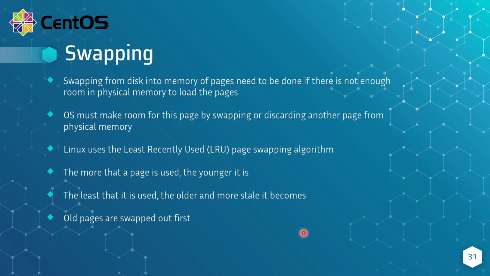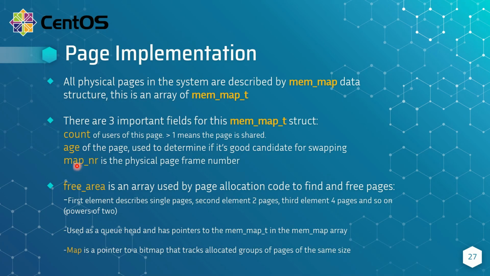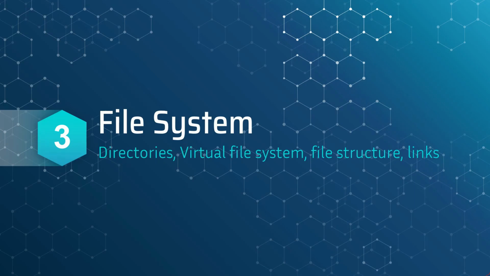This is the one we talked about in the lecture. The more a page is used, the younger it is. The less it is used, the older and more stale it becomes. This is tracked by the page data structure right here. Age is used to determine if it's a good candidate for swapping.